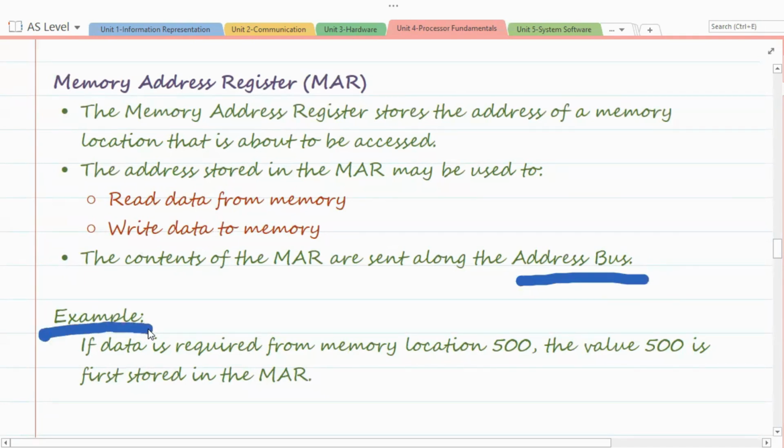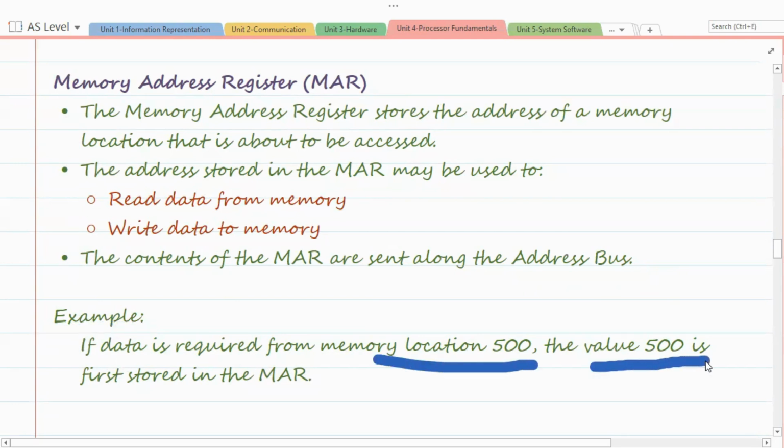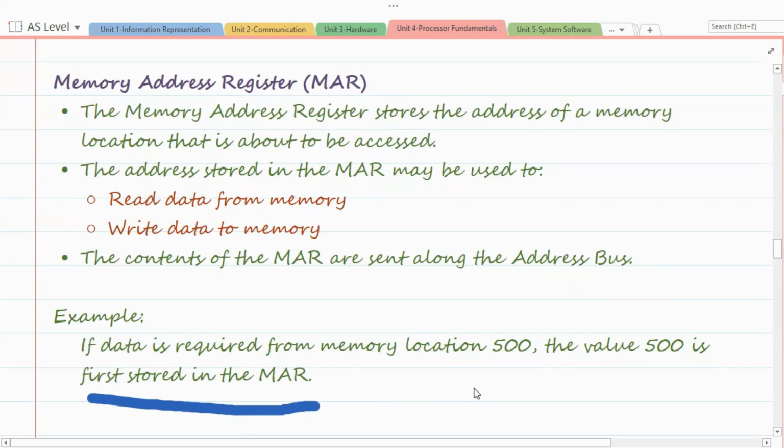There is one example I have written for your easy understanding. If data is required from memory location 500, the value 500 is first stored in MAR. So the address of the memory location that is about to be accessed is stored in MAR.